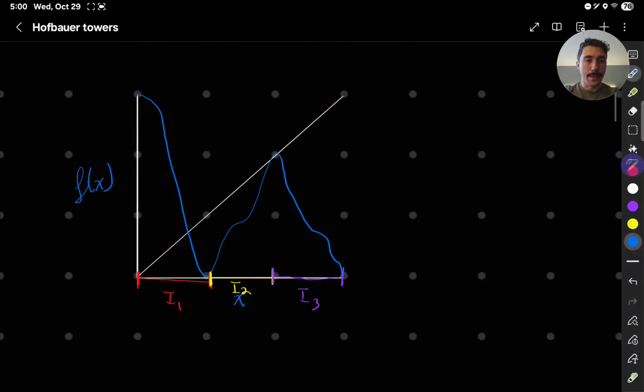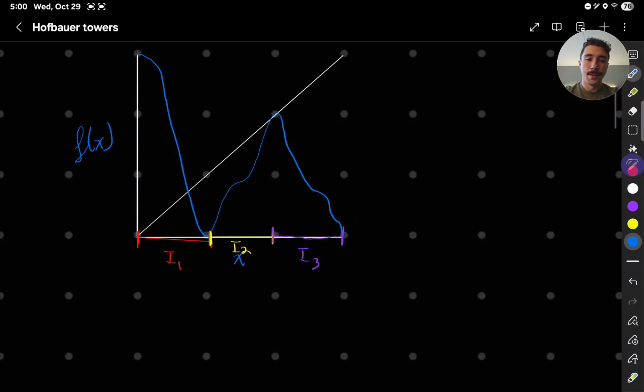Now, let's ask, where do those laps map to? Well, I1, if I can actually draw some guidelines here to make it a little easier to see what's going on. So this is where the first critical point is, the second critical point's here. And then I can ask, what are their pre-images?